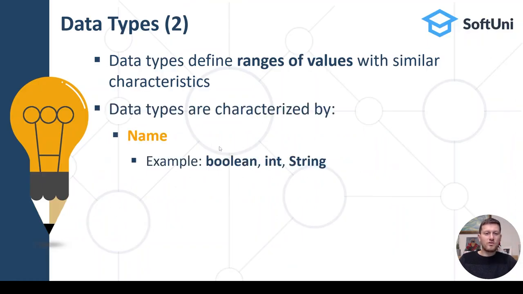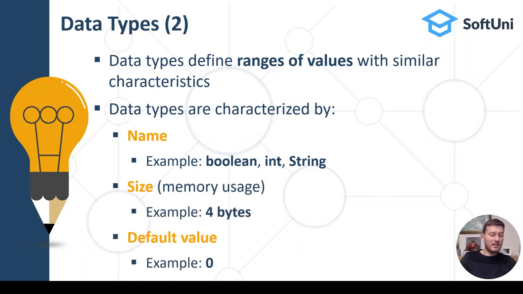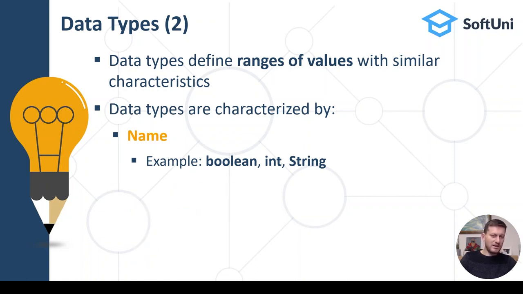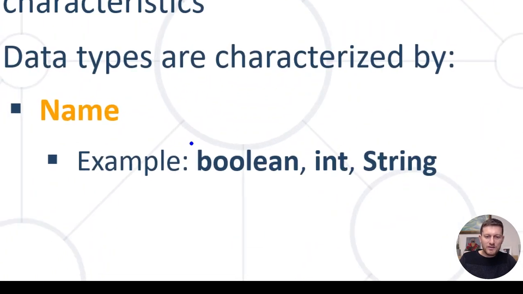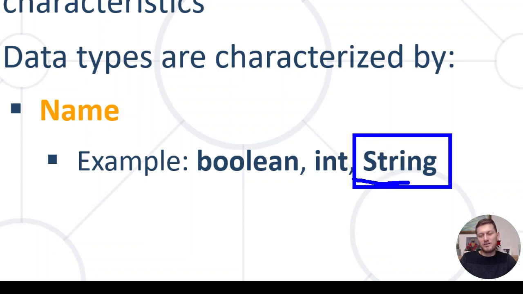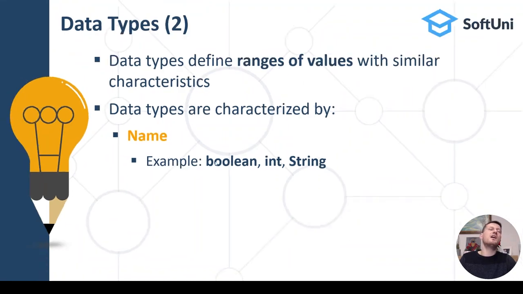Okay, so data types are characterized by three things: name, size, and default value in Java. In Java, for example, the data type name can be boolean, int, String. If it is with a small letter, it is built-in or a primitive type, and if it is with a capital letter, like String, it is a class, or a complex object.